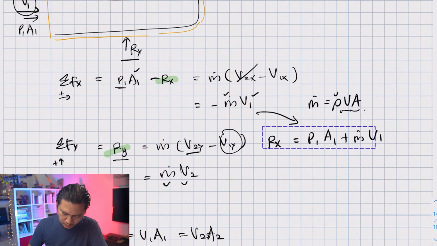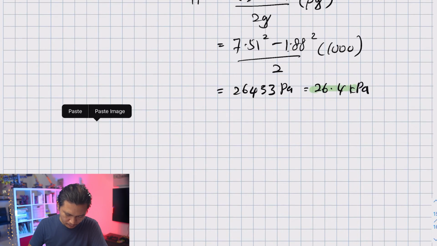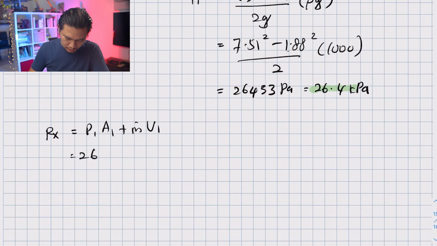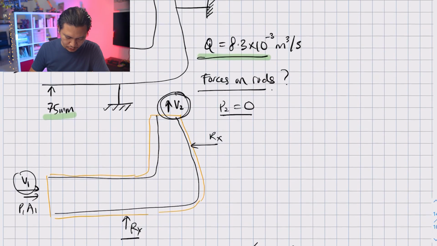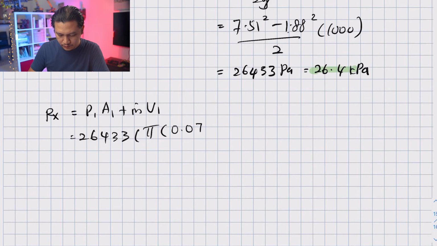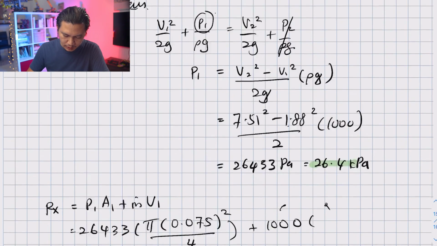So if I copy this equation and put it here, our P1 here is 26433 times A1, which is pi times diameter at point 1, 75 millimeter, 0.075 squared over 4, plus m dot is just rho times Q. This is our rho and this is our Q.